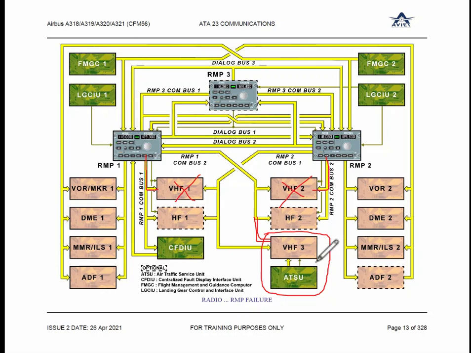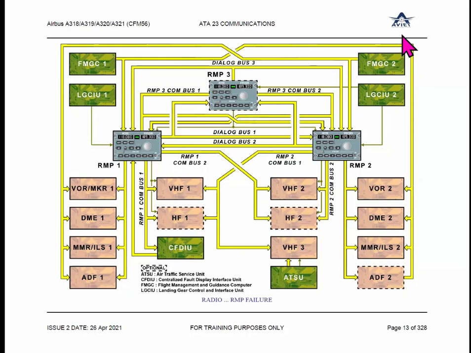But they are connected with the dialog buses. And RMP3 is connected to all these communication receivers, not directly, but through RMP1 and RMP2. RMP3 is not directly connected to them. So what does it mean? If you want to use RMP3, then RMP1 has to be in position.